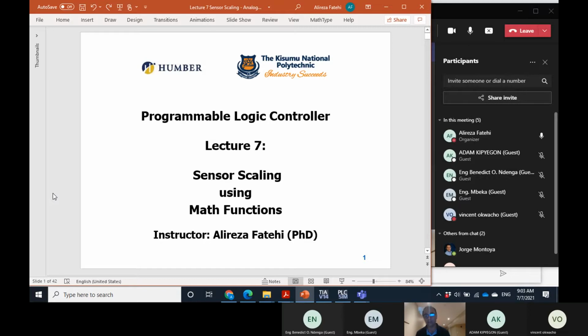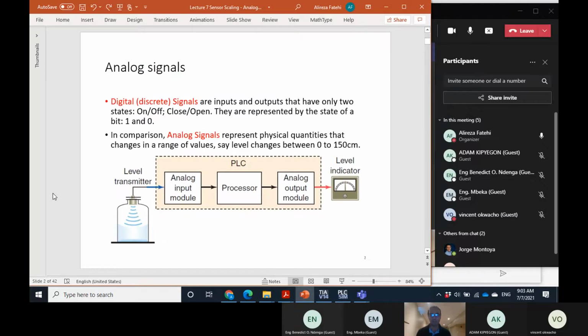Then we see that to implement that scaling, we need math functions. So we study math functions and then use them to implement scaling of the sensor data. I'm sure you are familiar with these concepts, but let's review them together.